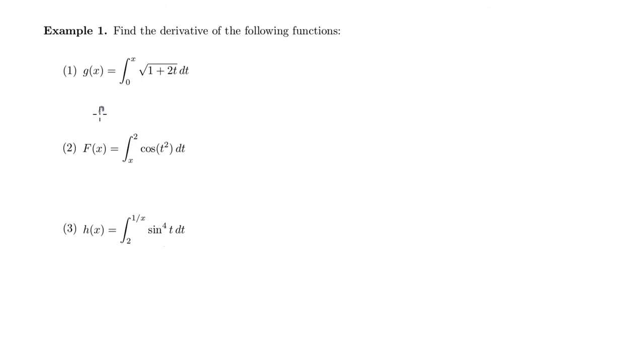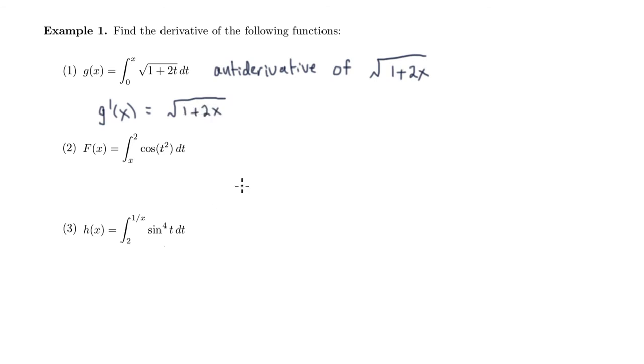So what that means is that g prime of x, because this is an antiderivative of square root of 1 plus 2x, well then g prime of x is just square root 1 plus 2x.